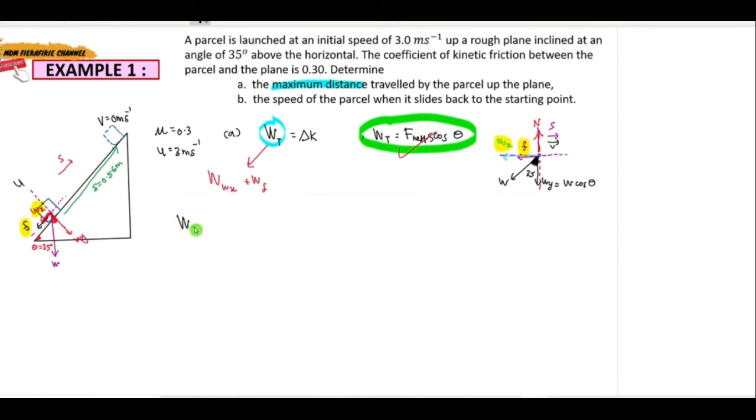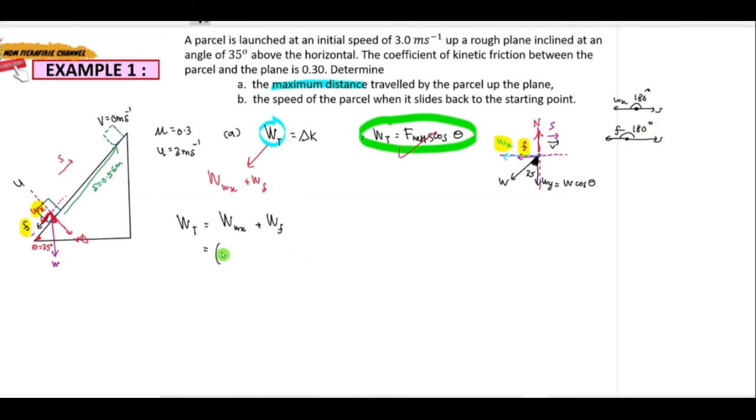Let's say we write Wt is equal to work done by the gravitational force, which is Wx, plus Wf. Okay, so now look at here. The angle between Wx and S, it is 180 degree. And the angle between friction and S also 180 degree.